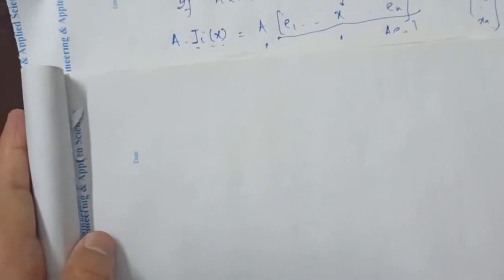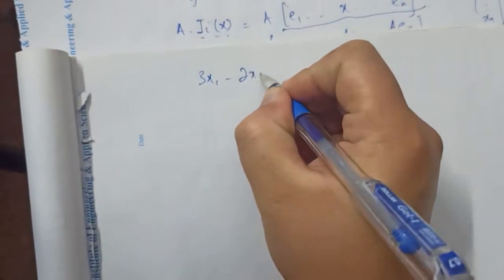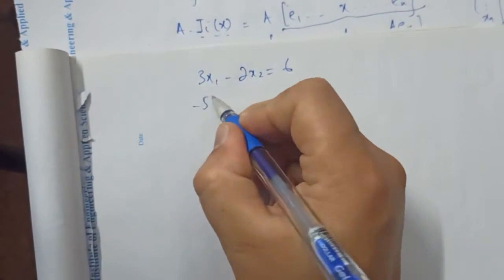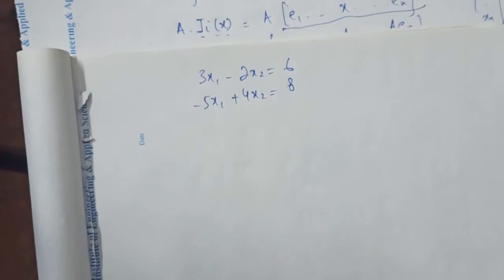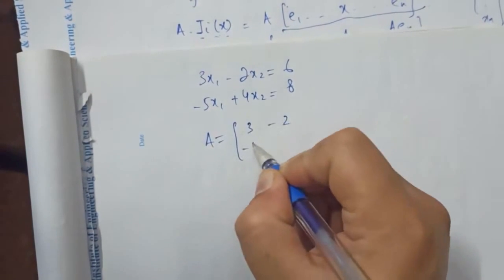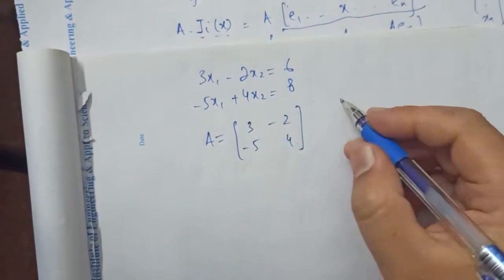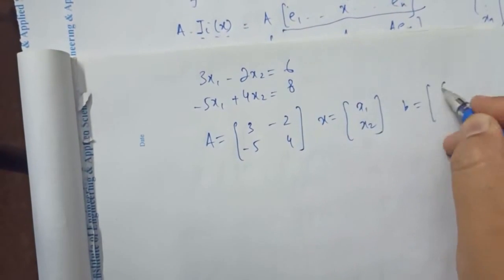Now let's do an example to use this Cramer rule to solve a system of linear equations, which is, let's say, 3x1 minus 2x2 is equal to 6 and minus 5x1 plus 4x2 is equal to 8. So for that, A becomes 3, minus 2, minus 5 and 4. X is equal to x1 and x2, b is equal to 6 and 8.